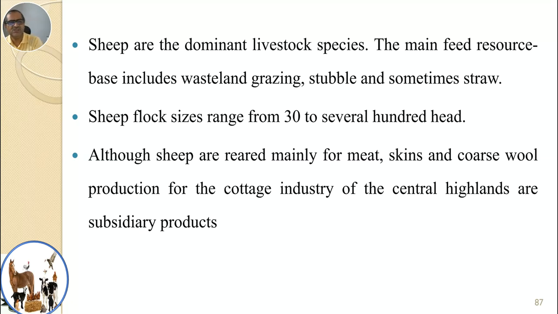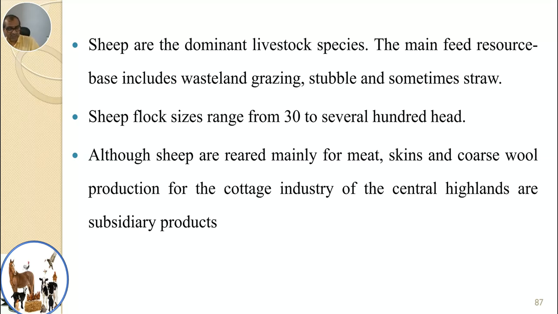Another thing is that sheep are a dominant livestock species on the earth, and the main food resource base includes wasteland grazing, the stable, and sometimes straw. Whatever you give, they are going to consume.